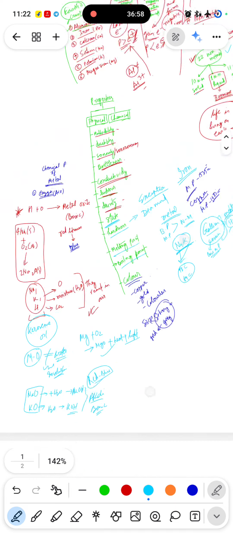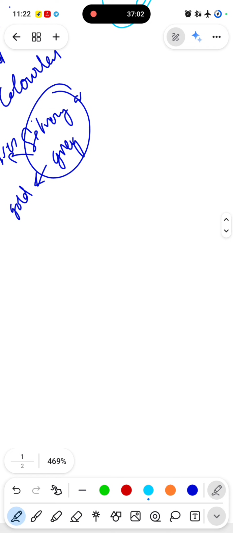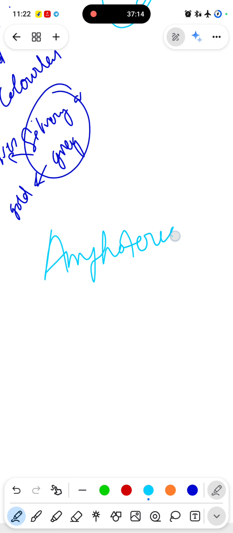That's another thing. Okay, so we have covered a lot of things. Now let's understand some amphoteric oxides.